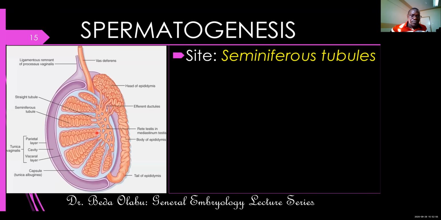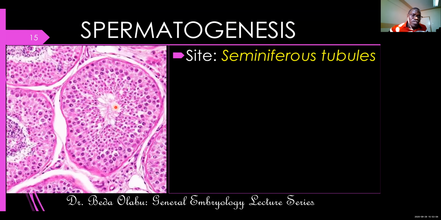We did epithelium, and we talked about classifying epithelium. Seminiferous tubules of the testis in cross-section look like this. We classify this as complex stratified epithelium. So sperms are formed within this complex stratified epithelium.